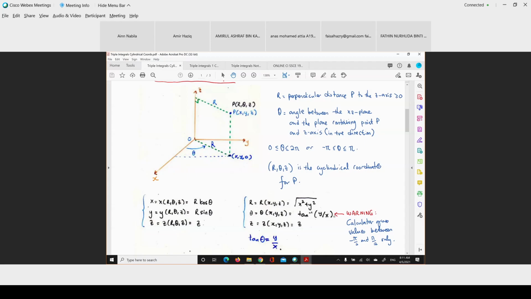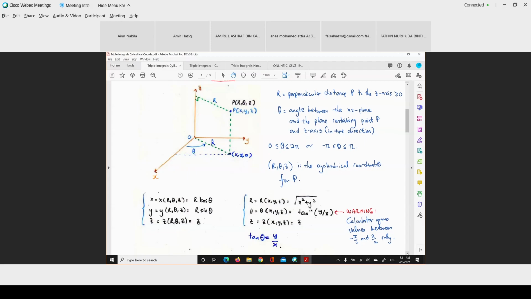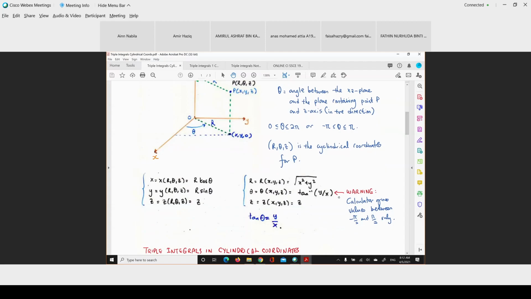But we need to be careful when applying this inverse tangent formula, because your calculator gives only values between minus pi over 2 and pi over 2. When we talk about inverse tangent, the inverse exists only if the function is 1 to 1, and tangent is a 1 to 1 function between minus pi over 2 and pi over 2. So you need to be careful.